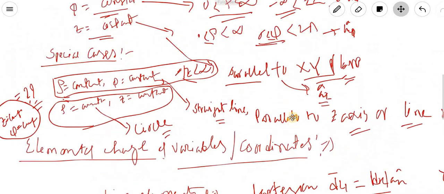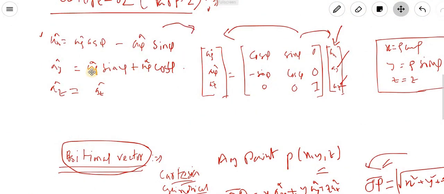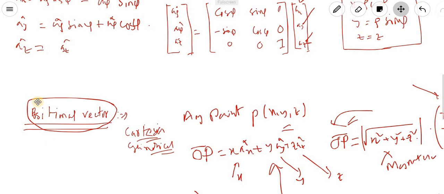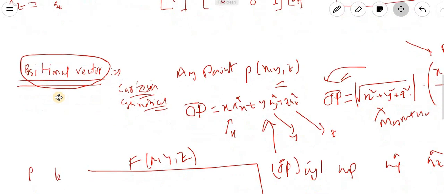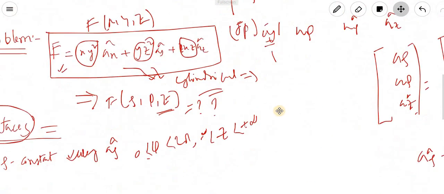So far we have discussed the conversion of vectors, the relationship between Cartesian and circular cylindrical coordinates, and the positional vector, how we present a vector at any point, and how we can present this positional vector in cylindrical.